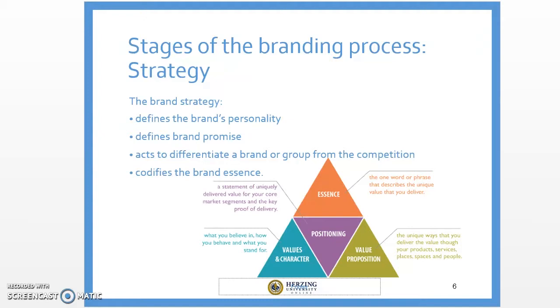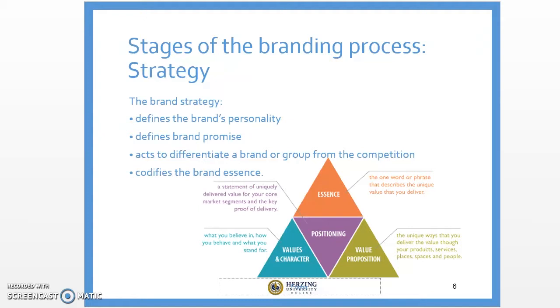If we read each one of these little texts here, we have the essence of the brand at the very top. It says the one word or phrase that describes the unique value that you deliver. Then the middle purple one, the positioning, says a statement of uniquely delivered value for your core market segments and the key proof of delivery.